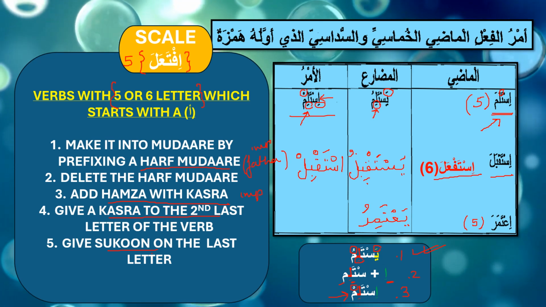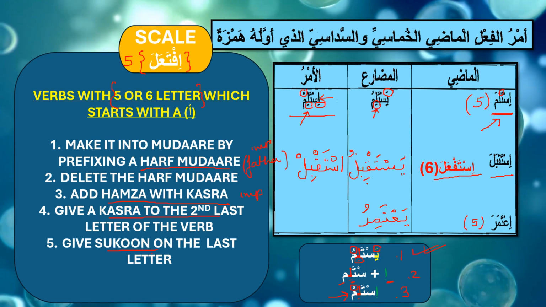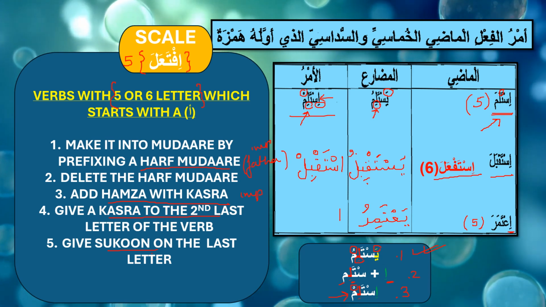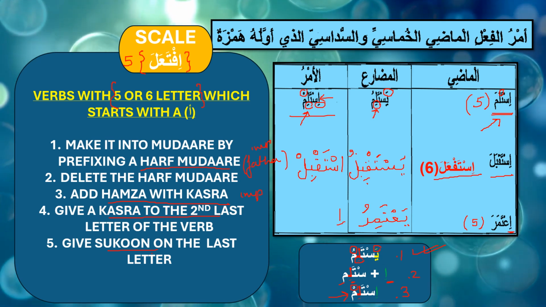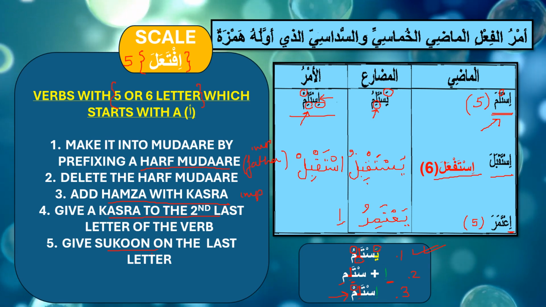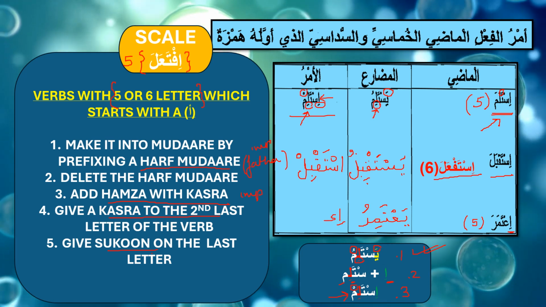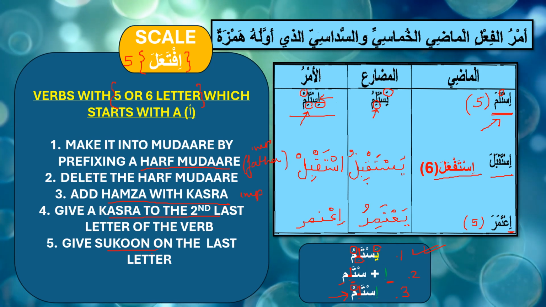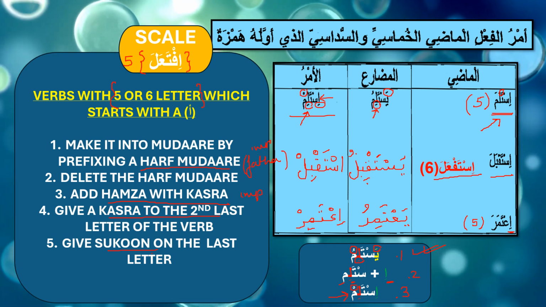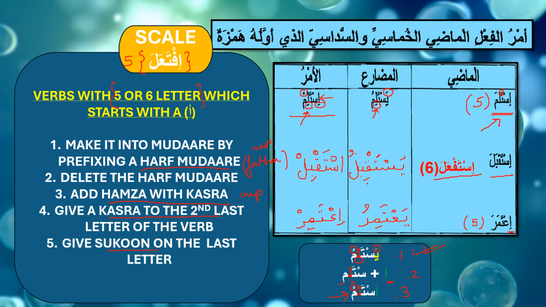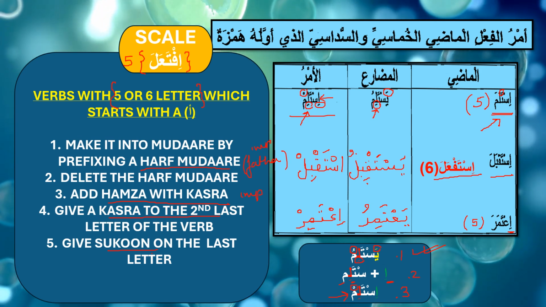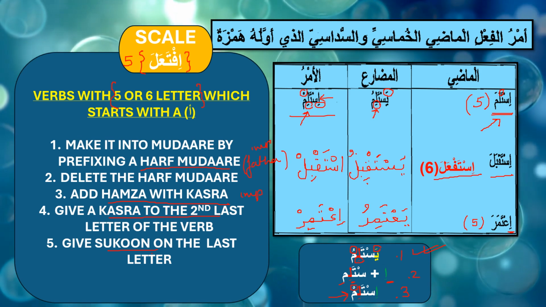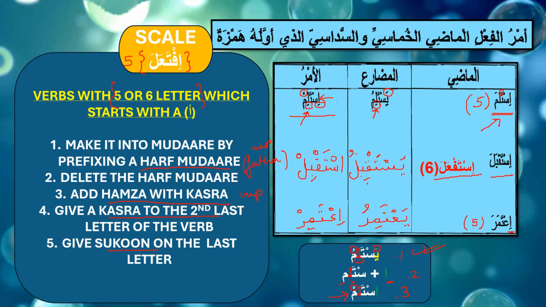The moment you need to make it into a command, bring in the hamza with kasra, and then put the remaining structure, that is the ain with the sukun and ta and mim and ra. So i'tamir, and ra gets a sukun, i'tamir. That's how you make the command for the 5-letter verb and the 6-letter verb.